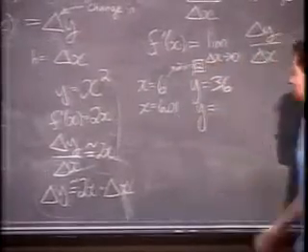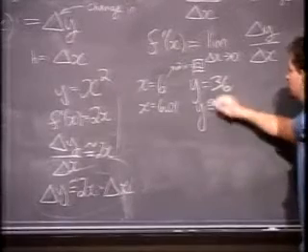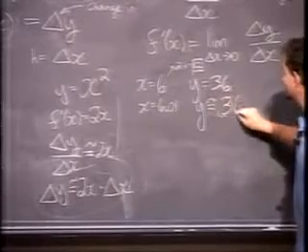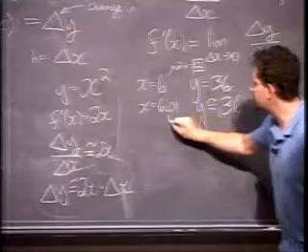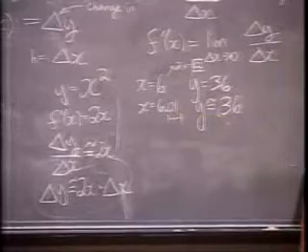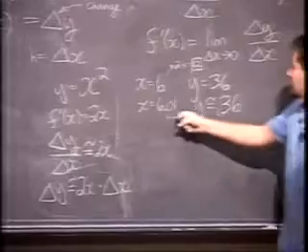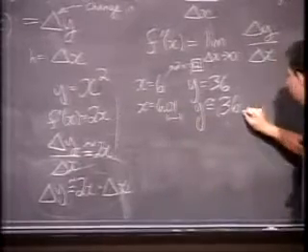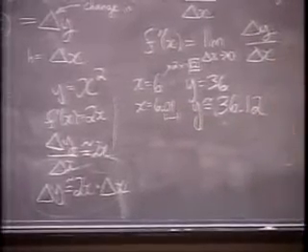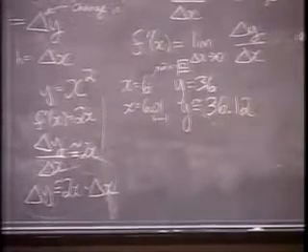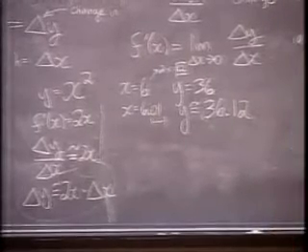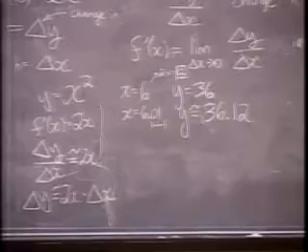That means that y is approximately equal to 36 and 12 times this. Because 12 is the multiplication, it's the scale, if you like, the magnification. So I took 0.01 and I scaled it up by my magic number 12, and I get a pretty darn good approximation for 6.01 squared.